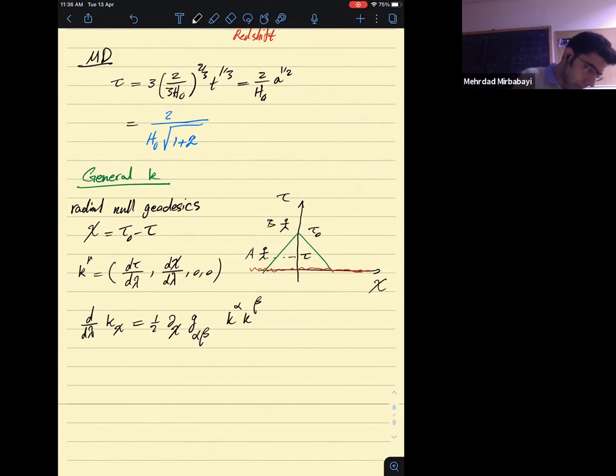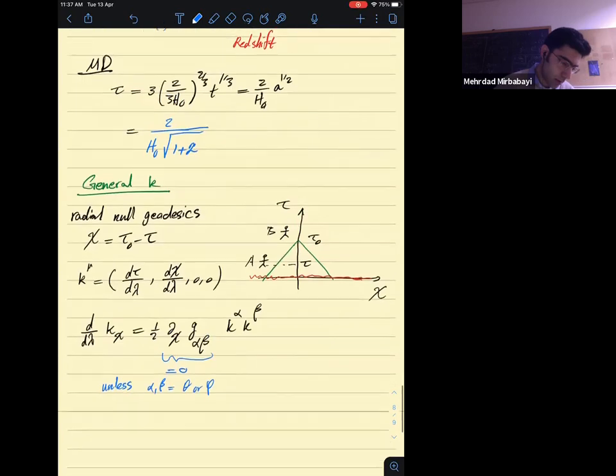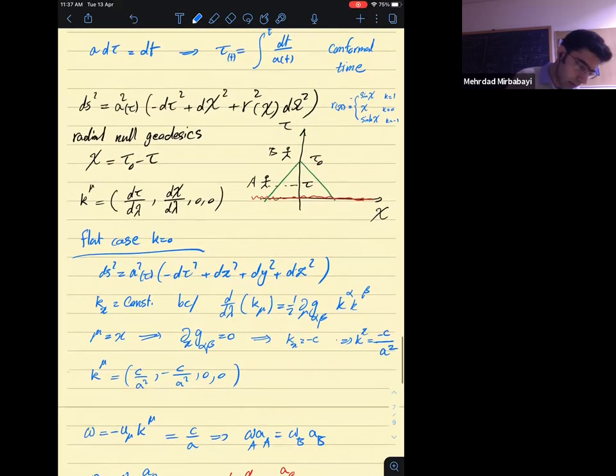Now, if we look at this factor, we see that this is equal to 0 unless alpha and beta are equal to theta or phi, because only the theta and phi components of the metric depend on chi, if you remember the form of the metric here.